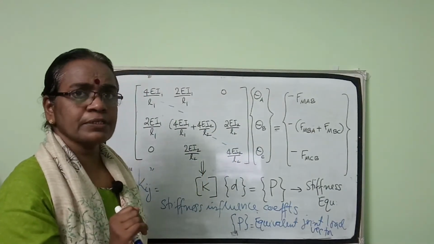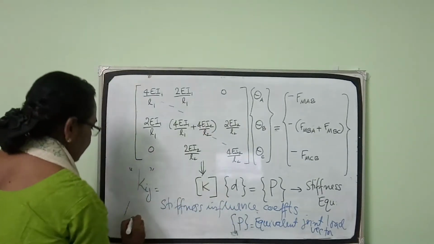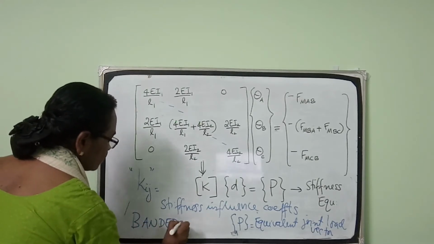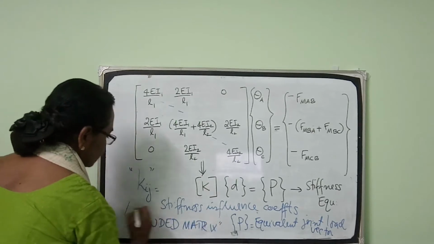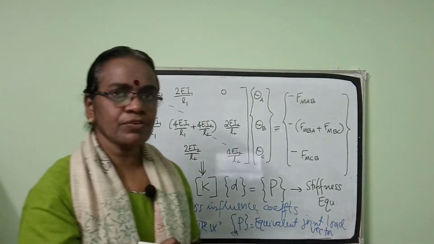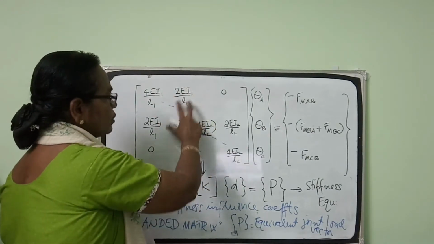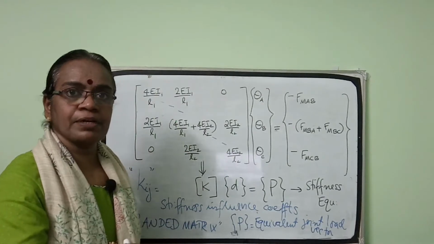And the last property is it is a banded matrix. Call it as a banded. Banded matrix means the elements will be clustered around the main diagonal, and most of the elements away from the diagonal will be equal to 0.